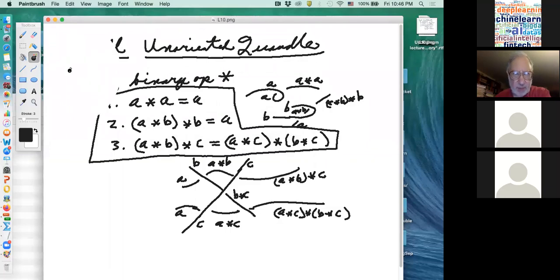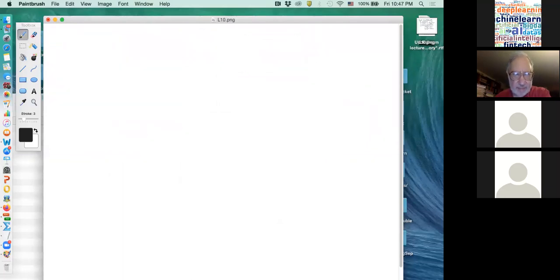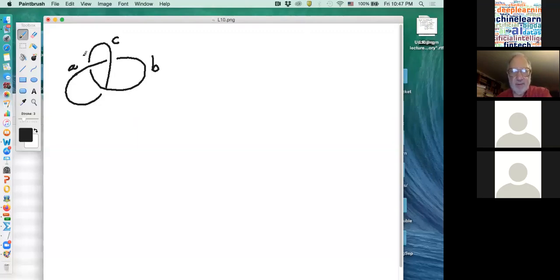Take the trefoil knot, and label the arcs by some arbitrary elements of some algebra, and then write down for each of the crossings, crossing number 1, crossing number 2, and crossing number 3, the corresponding relations that have to ensue in the quandle.